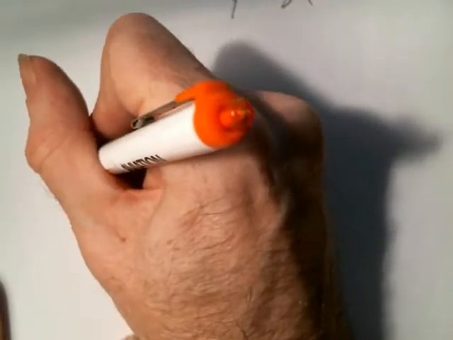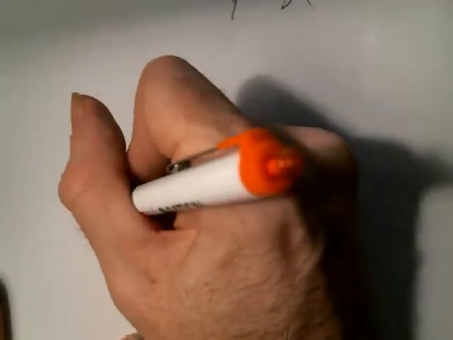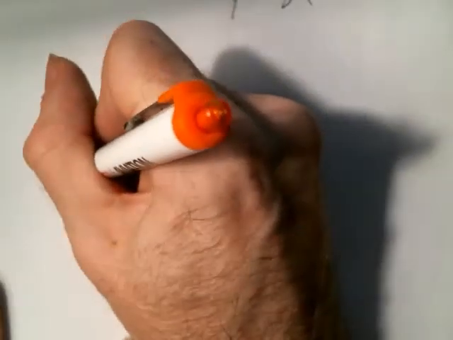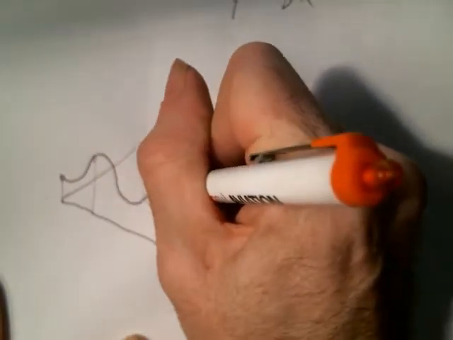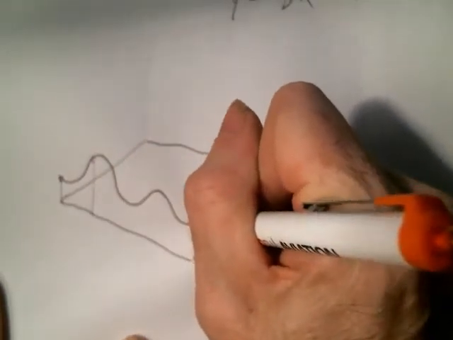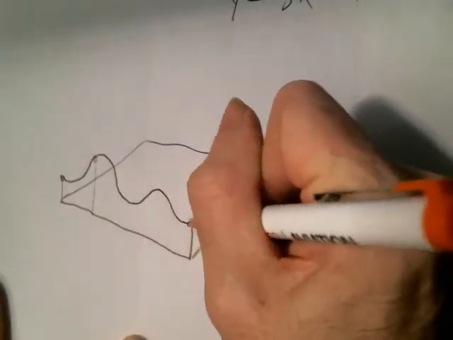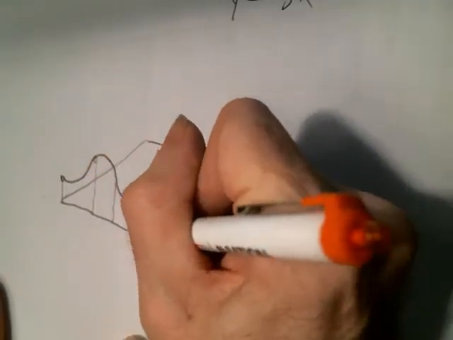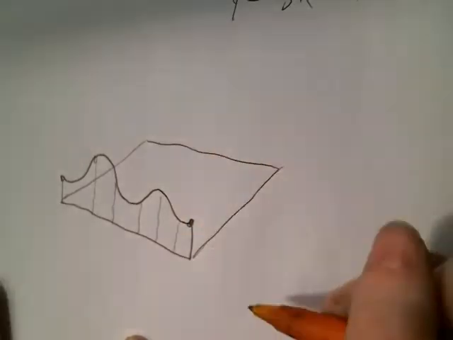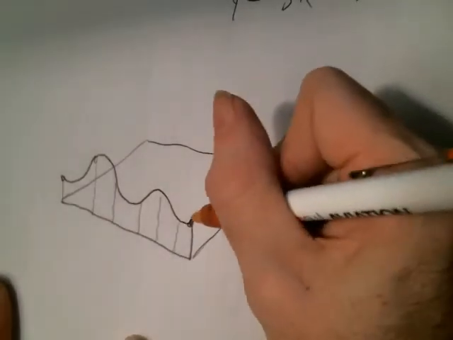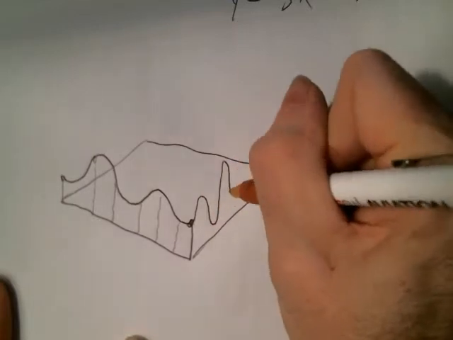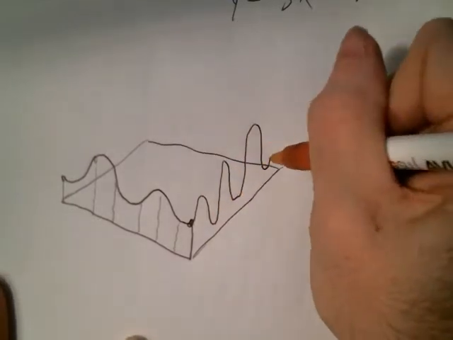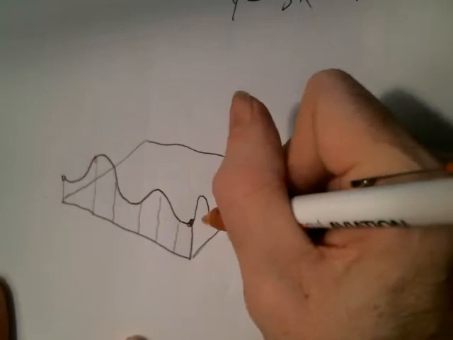So at time 0, maybe it's at this height, and then it goes up to here, and then it keeps running down and up and down and up until it gets to about right here. And then maybe it goes in this direction, so it starts going up and then down and then etc.